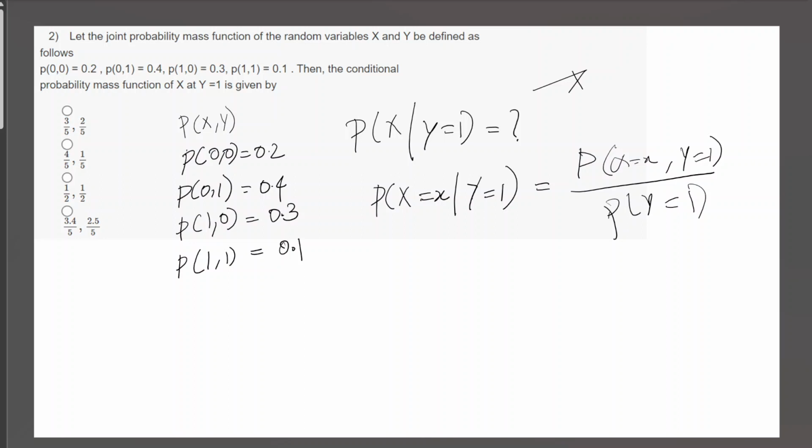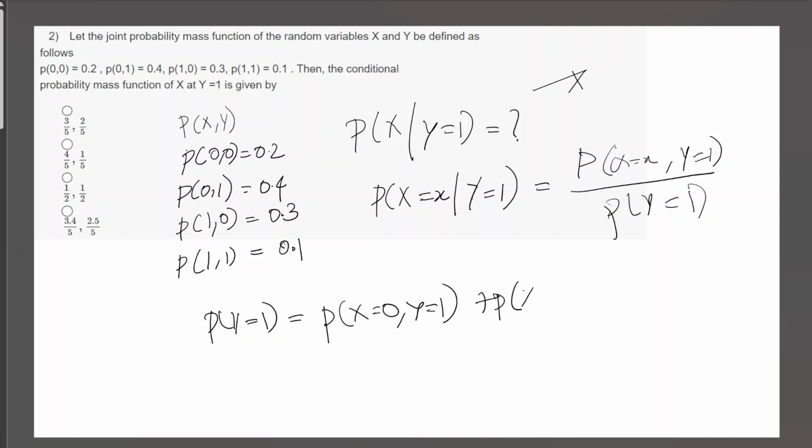So for this, we already know y is equal to 0 or y is equal to 1.